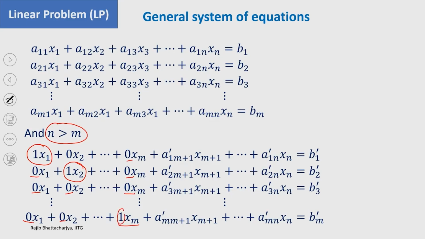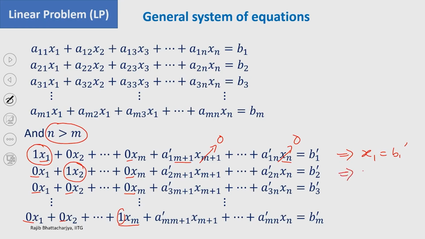So, one possible solution is, if I consider that x 1 to x m are basic variables, and from m plus 1 to n they are non basic variables. If I consider that, then x m plus 1 up to x n are all non basic variables, and if I set these to 0, then one possible solution is that x 1 equals b 1 dash.